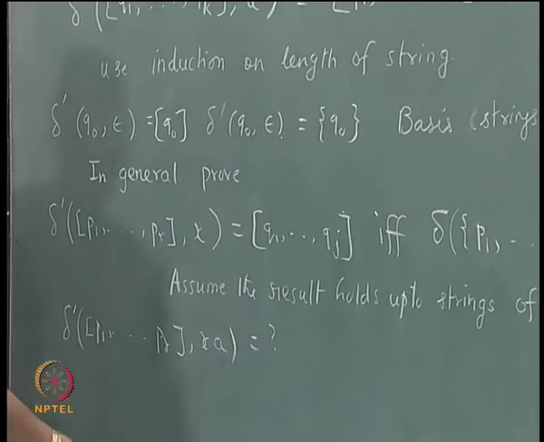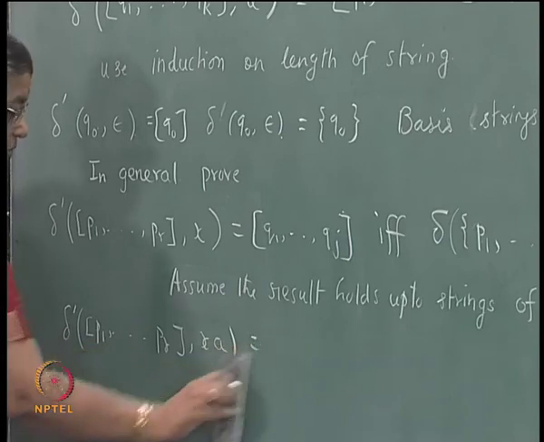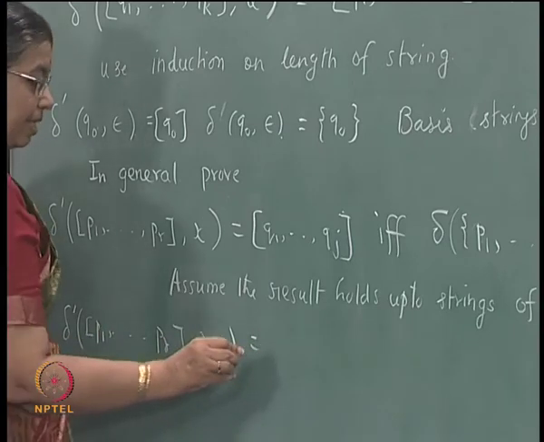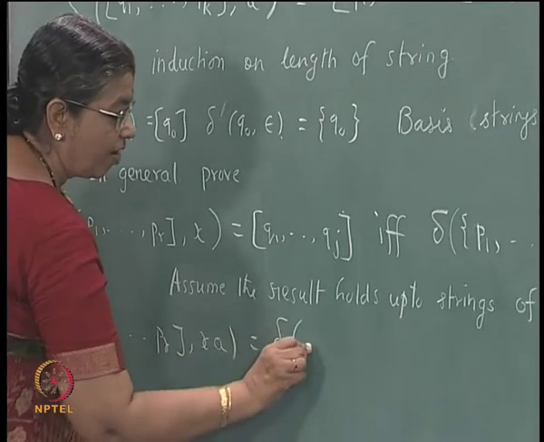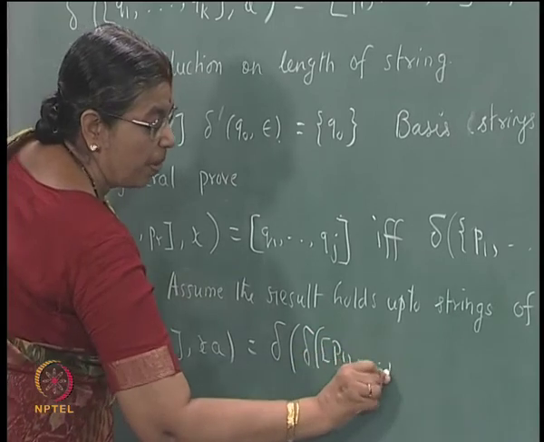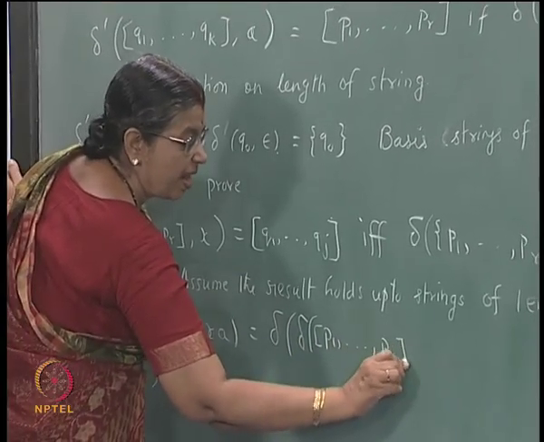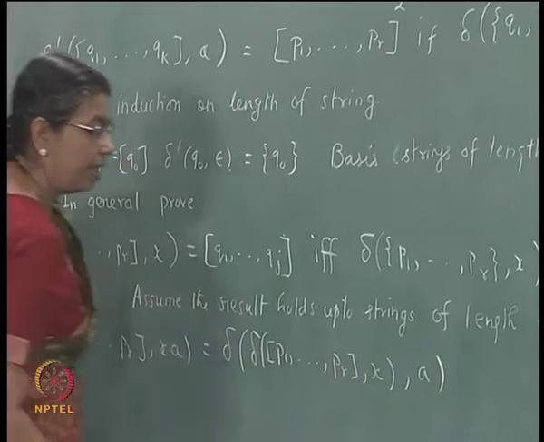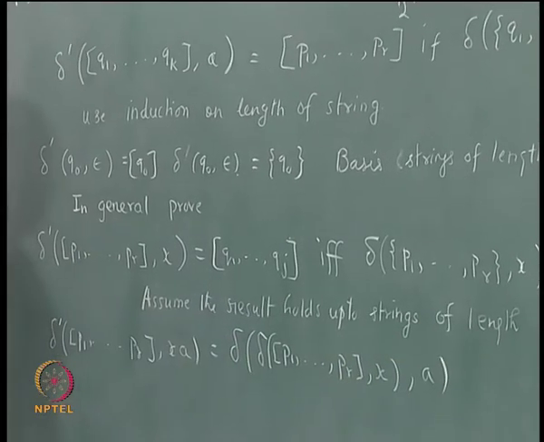You know that delta of P1 P2 PR XA is by definition delta of delta of P1 P2 PR X, A. This is the definition of a deterministic automaton.